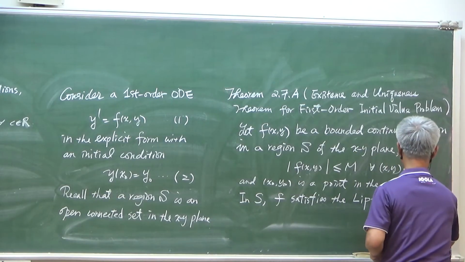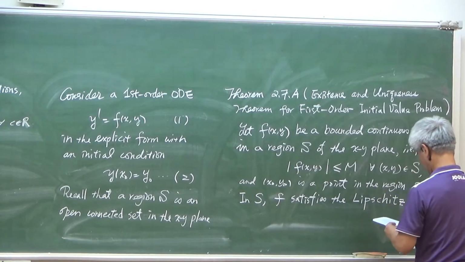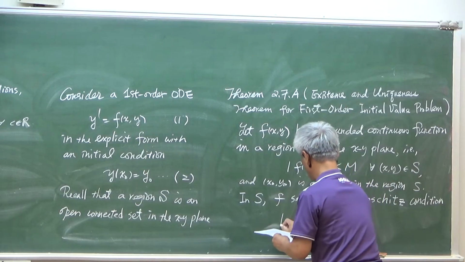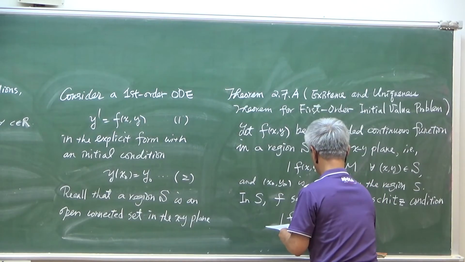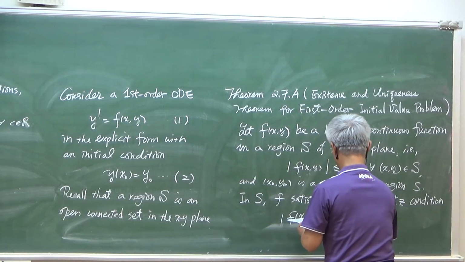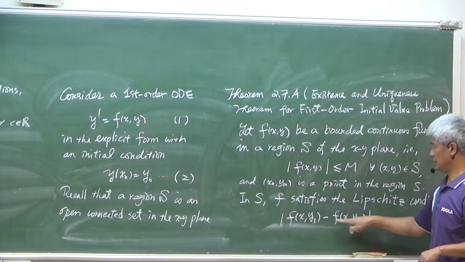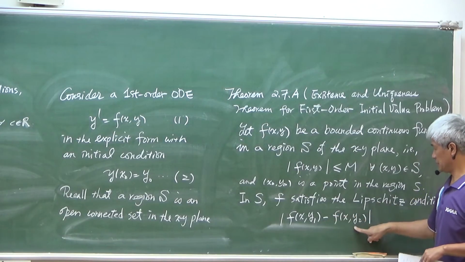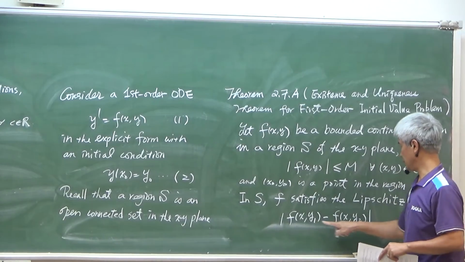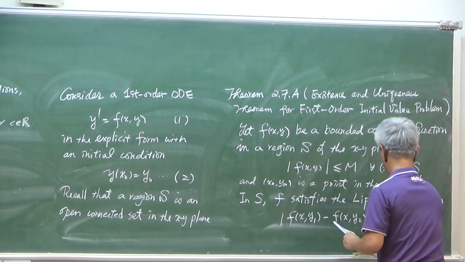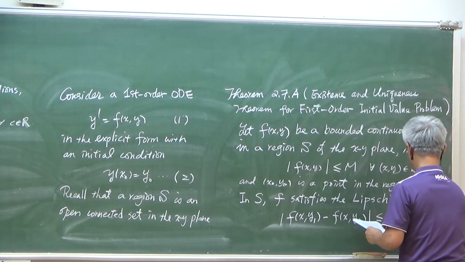The Lipschitz condition is here: the difference between two function values, f(x, y1) minus f(x, y2), which have the same x coordinate but different y coordinates, is less than or equal to a constant N times |y1 minus y2|.